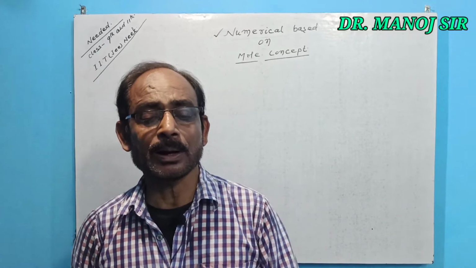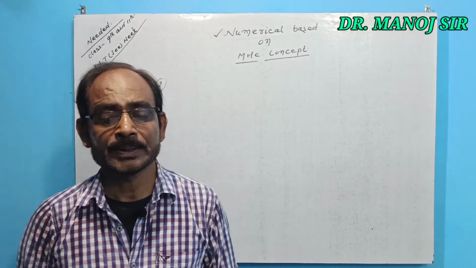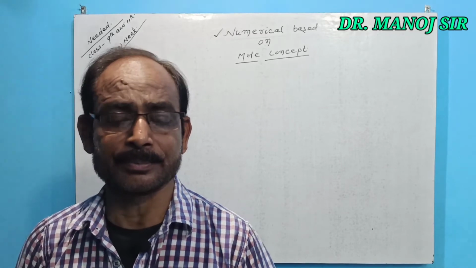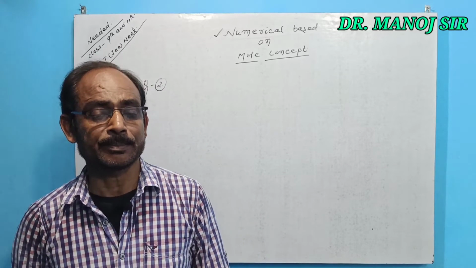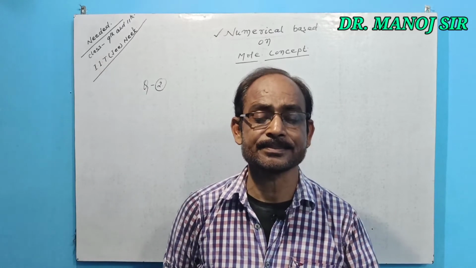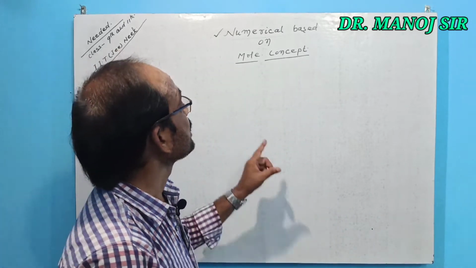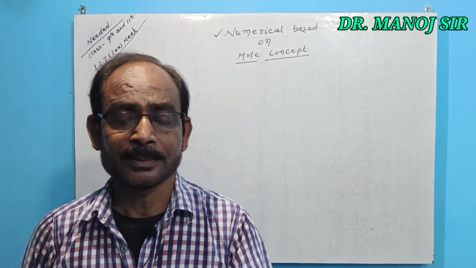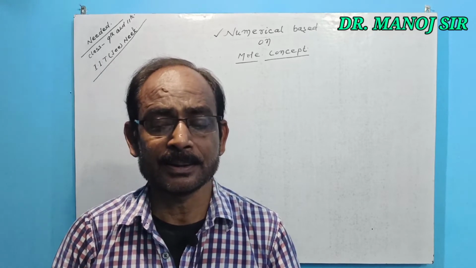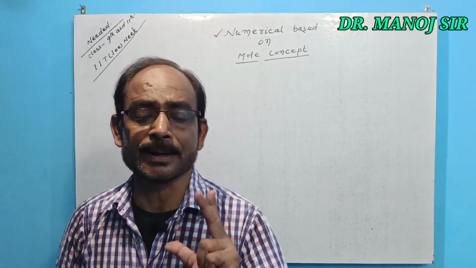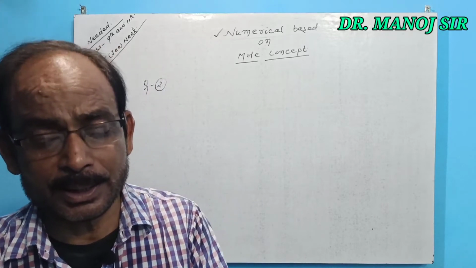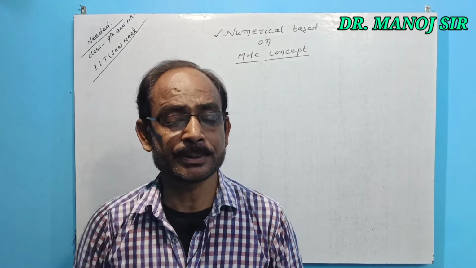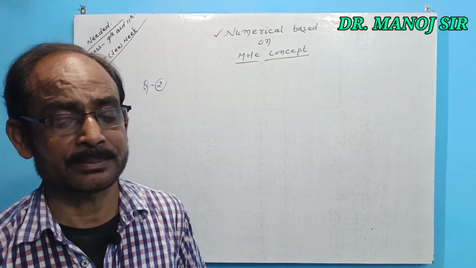Calculate the number of iron atoms in a piece of iron weighing 2.8 gram if the atomic mass of iron is 56. यहाँ पर क्वेश्चन कहता है कि यदि आयरन का कोई पीस है जिसका वजन 2.8 ग्राम है, जबकि उसका एटमिक मास ऑफ आयरन इज 56 यूनिट.